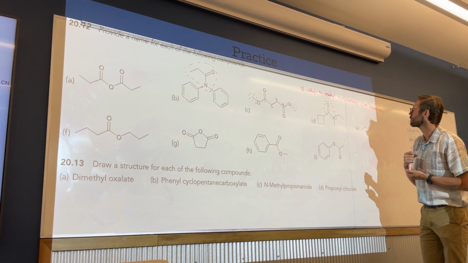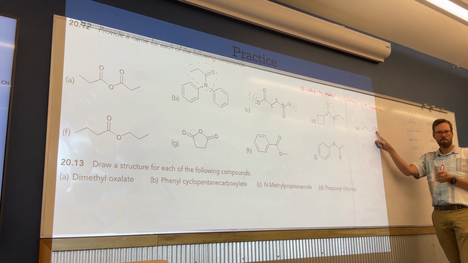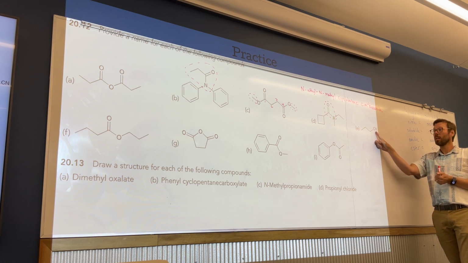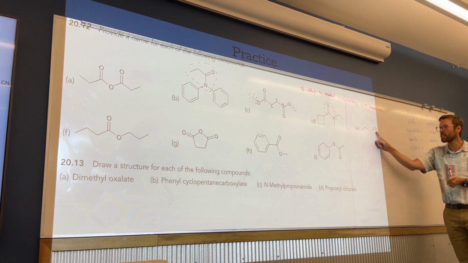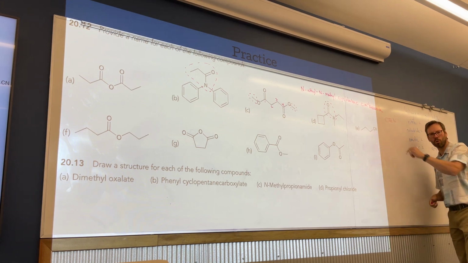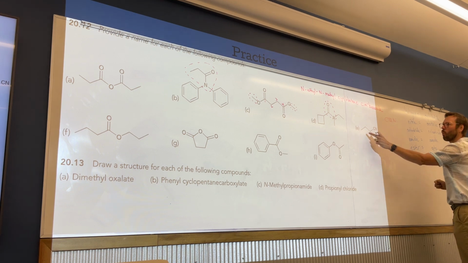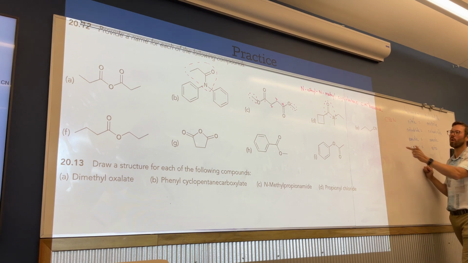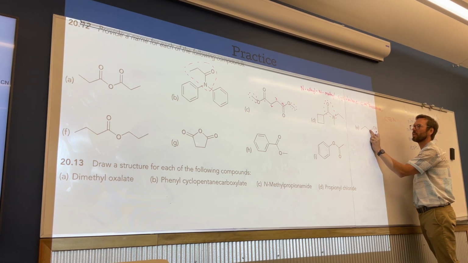Okay. What's this? Propyl nitrile. It's a nitrile, yes. It's not written as this, but that's shorthand, right? So 1, 2, 3. Propanonitrile, or 1, 2, 3. Oh no, sorry, there are 4, right? 1, 2, 3, and this carbon here.